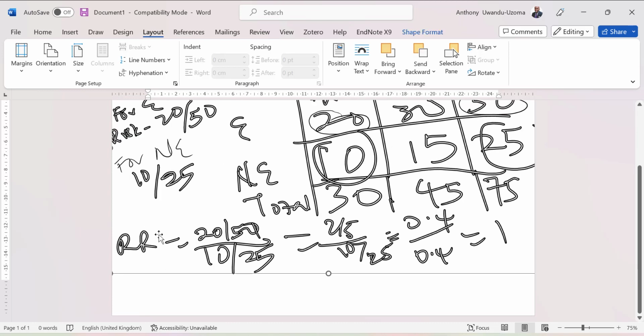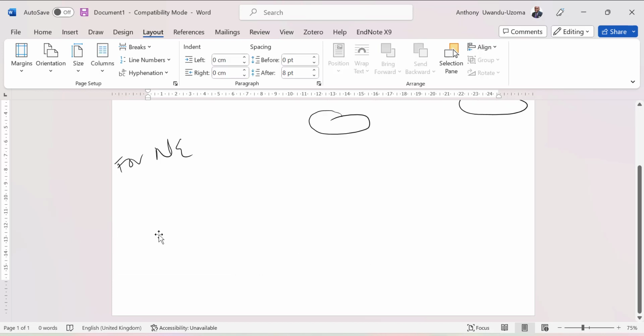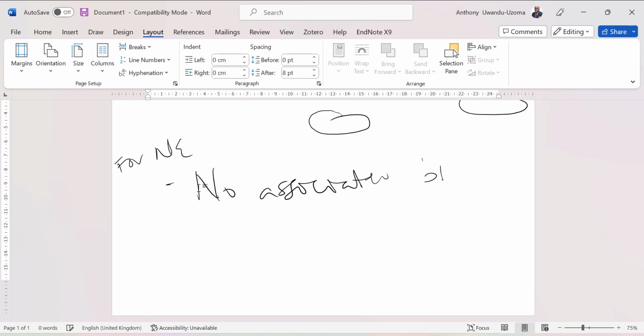Because it is only 1, we'll say that there is no association between the exposure and the disease or the outcome. So when relative risk is equal to 1, there is no association.